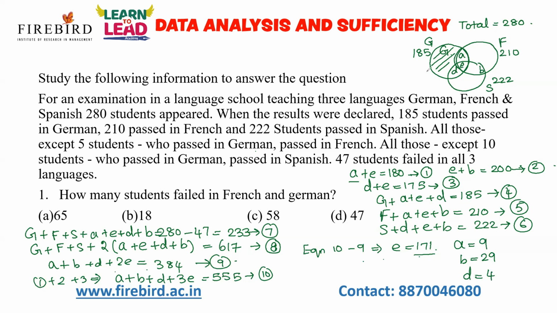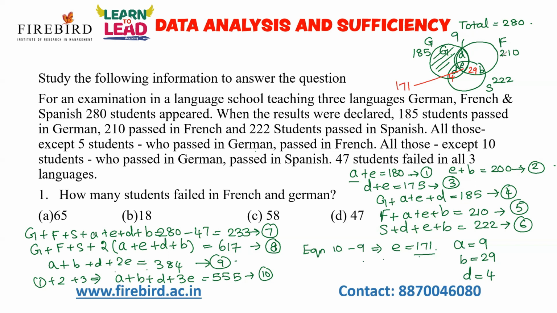Okay, right? See, now if I fill up this column, what is the value of A? 9. And what is the value of B? 29. What is the value of D? 4. And E value is nothing but 171.